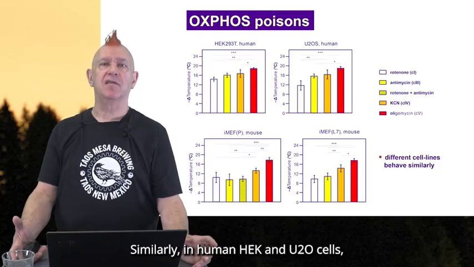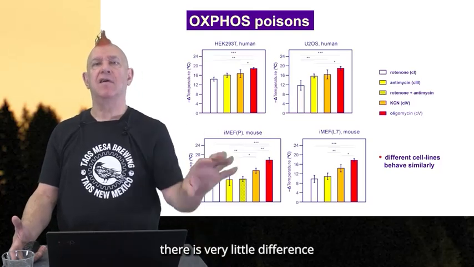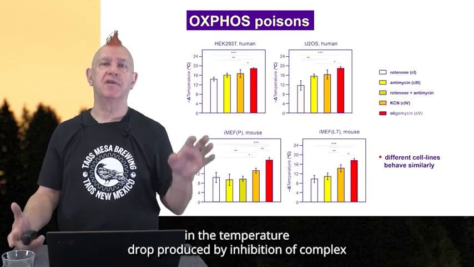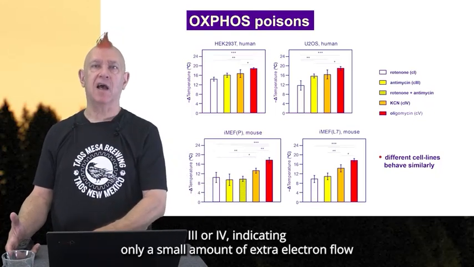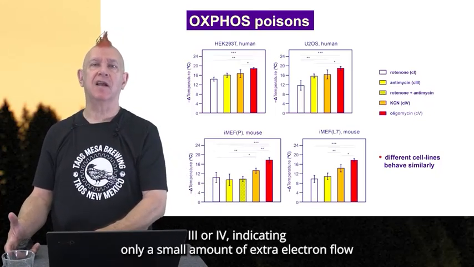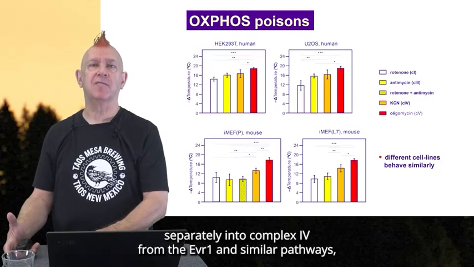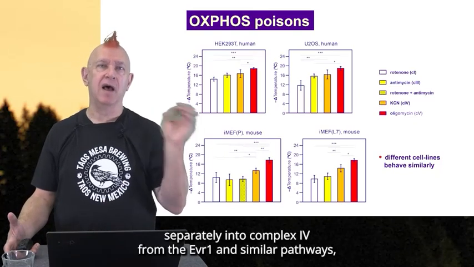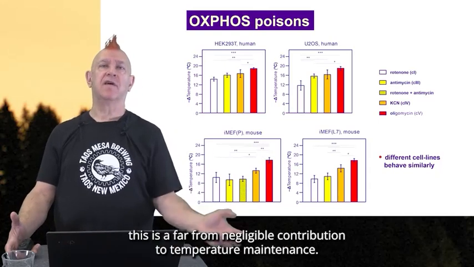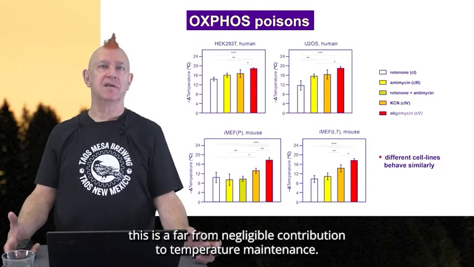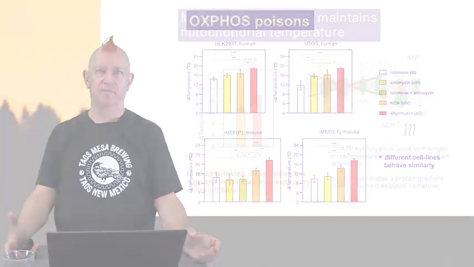Similarly, in human HEC and U2OS cells, there is very little difference in the temperature drop produced by inhibition of complex 3 or 4, indicating only a small amount of extra electron flow separately into complex 4 from the EVR1 and similar pathways, whereas in IMFs, this is a far from negligible contribution to temperature maintenance.